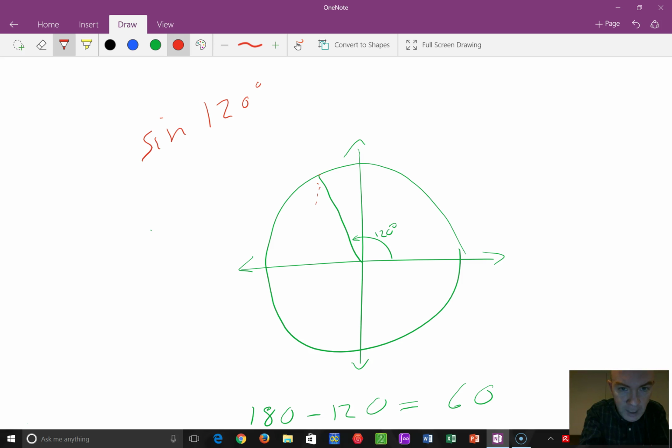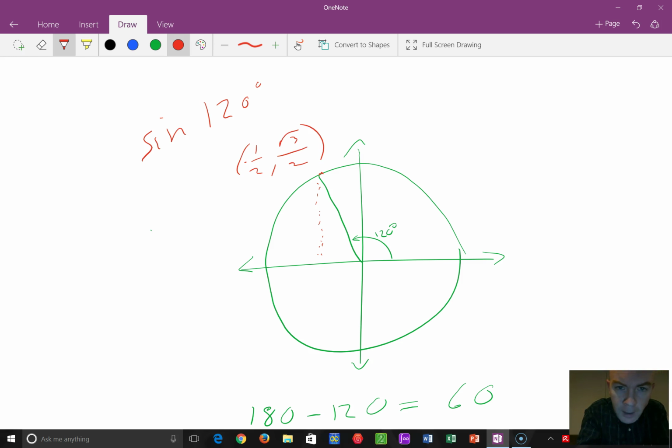Because that is your y. And if we look at our height right there, our coordinate, it's negative 1/2, square root of 3 over 2.